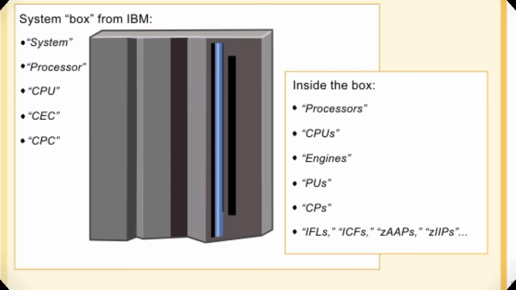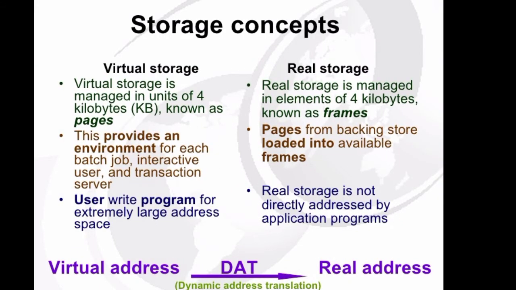The next slide is about the storage concept. Virtual storage is managed in units of 4 kilobytes, known as a page. This provides an environment for each page, job, interactive user, and transaction service. It gives users and programs an extremely large address space. This is called virtual storage.